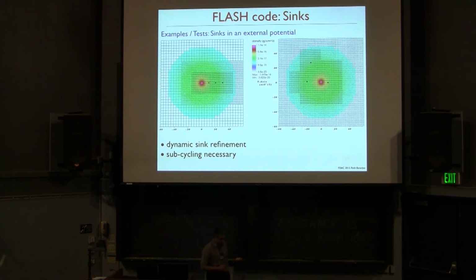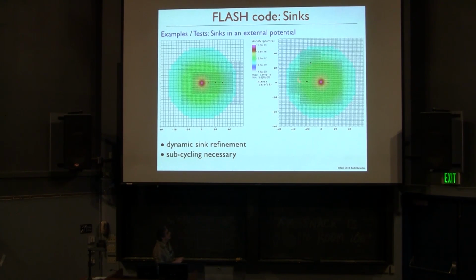What you also see here in the simulation is that, because there's a refinement criterion linked to sink particles, you want to always be at the highest refinement level wherever you find a sink particle. This is more or less done automatically if you use a Jeans-type refinement criterion anyway.